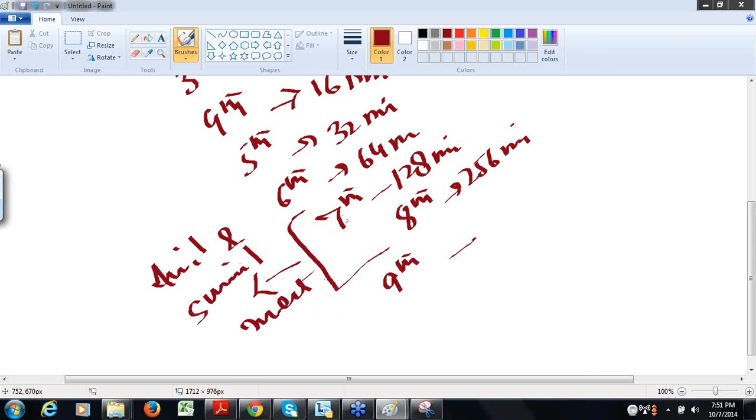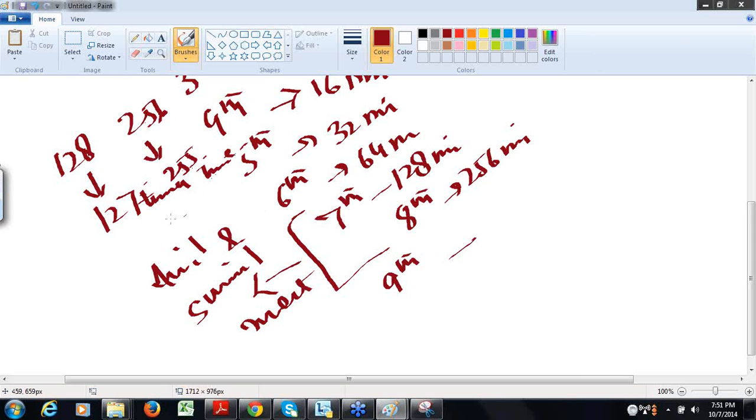So Anil and Sunil will meet how many times? So 128, he takes 1 minute only. So how many times he will meet? 127 times he will meet. And in 8th round 256, that means 255 times he will meet.